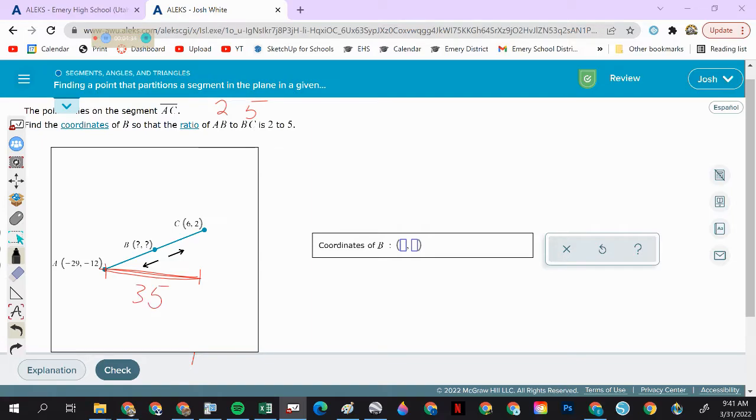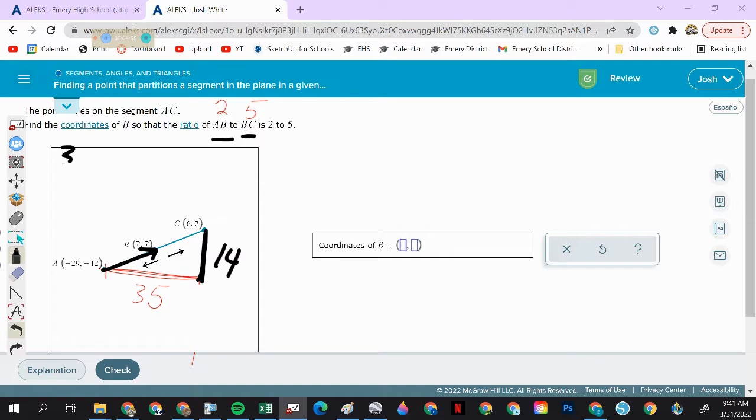And then the y distance is from negative 12 to 2. How far is it from negative 12 to 2? 14. Okay? And we're going from AB to BC, so we're going this direction. So that ratio is 2/5.